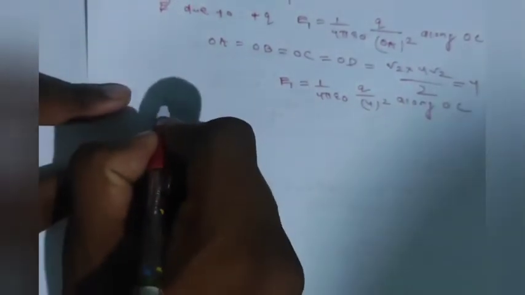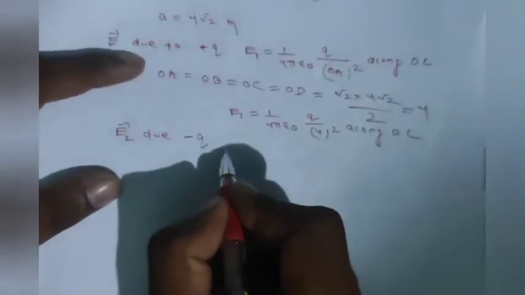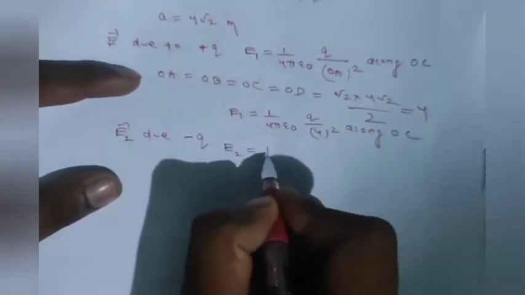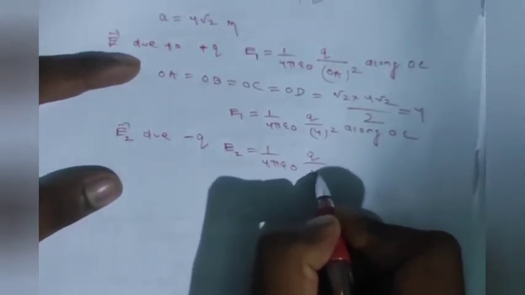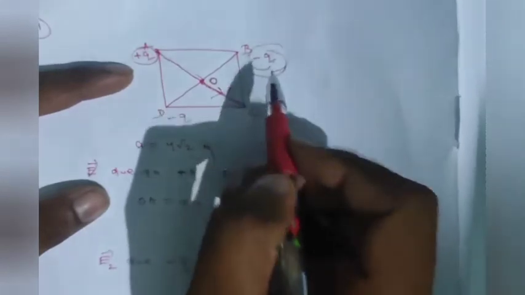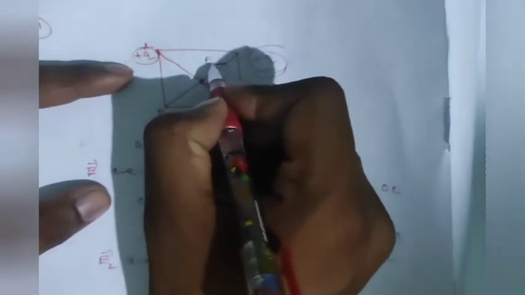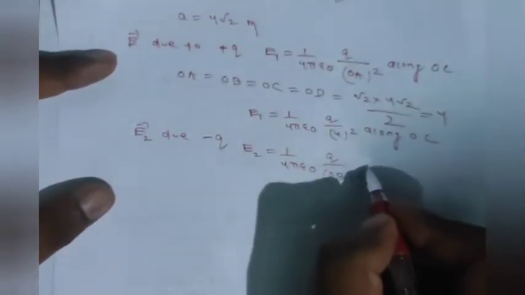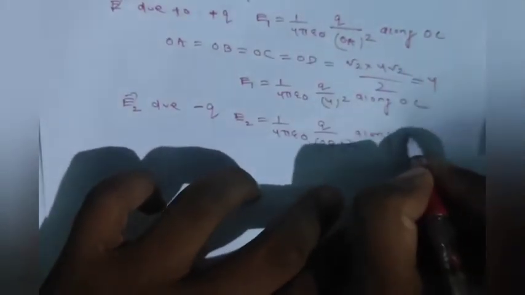Now we shall calculate E2 due to minus Q, this charge. What will be the value? 1 by 4 pi epsilon Q by OB square. It is a negative charge, so the electric field due to this charge will be towards it, so it will be directed along OB.